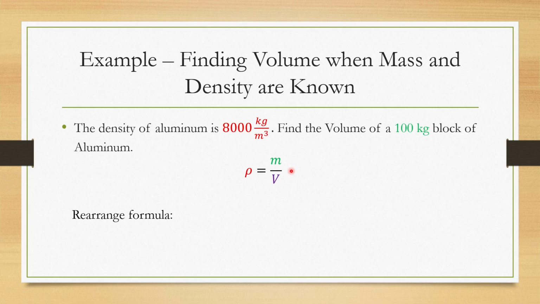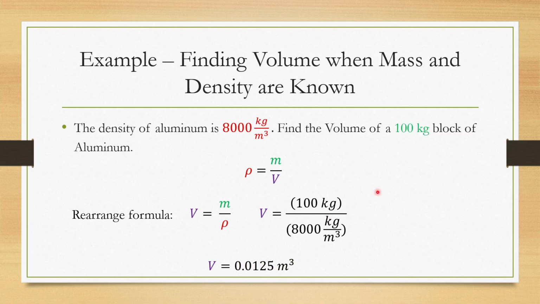Then we will rearrange the formula to solve for volume, which is equal to mass divided by rho, the density. Then we will plug in our known variables. We have 100 kilograms, which is the mass, and 8,000, which is the density. And this comes out to 0.0125 meter cubed.